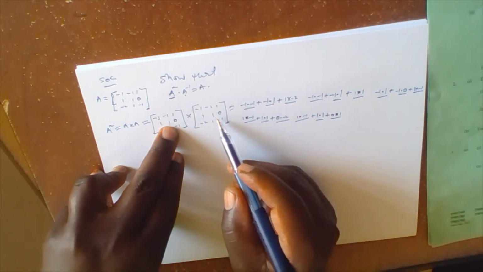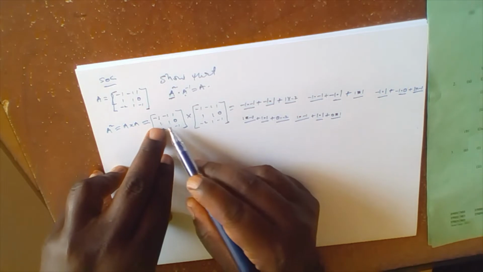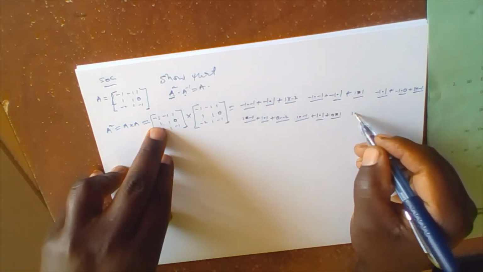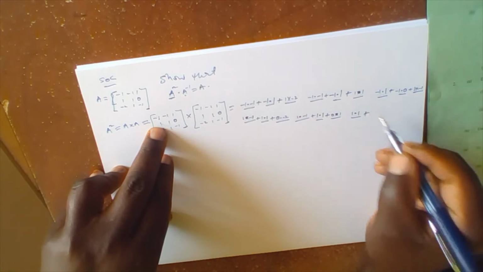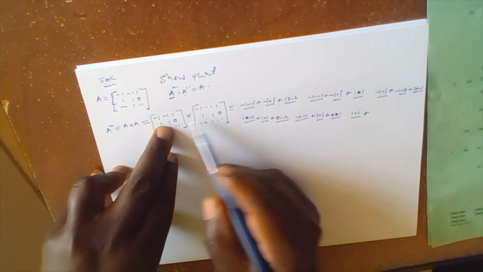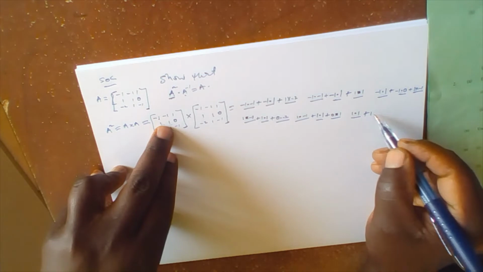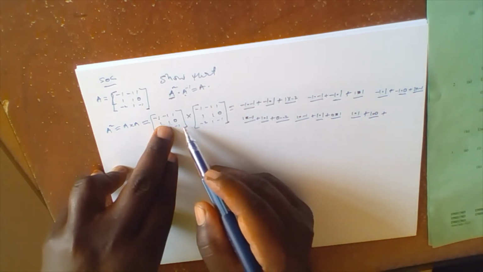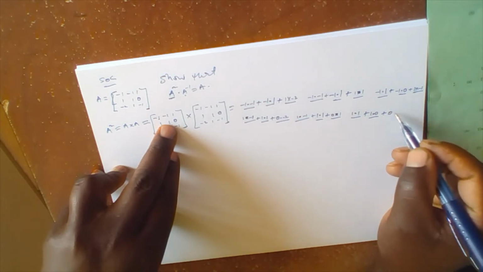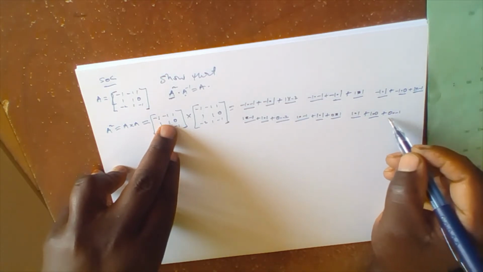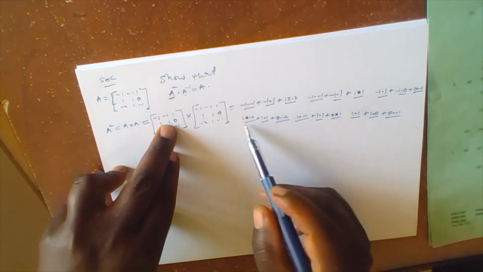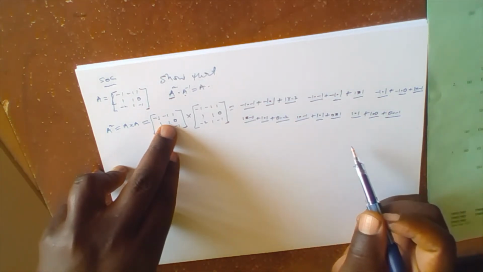We go to the last, 1 times 1, plus 1 times 0, plus 0 times negative 1. Okay, we are done with the second row.